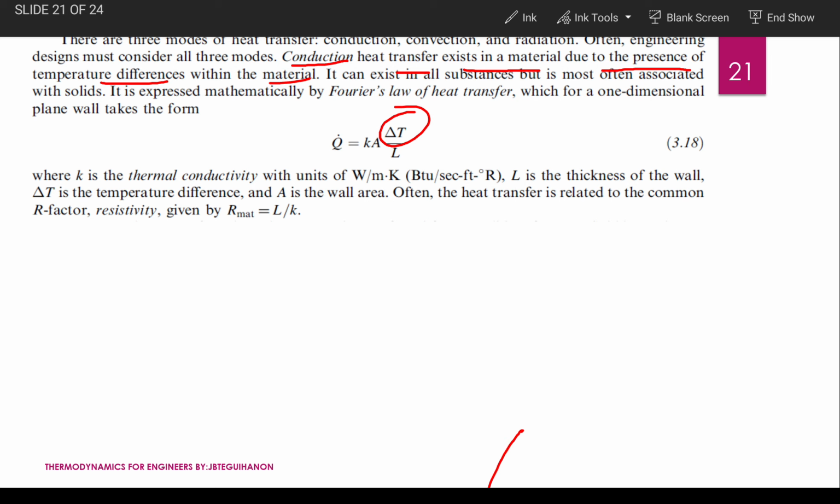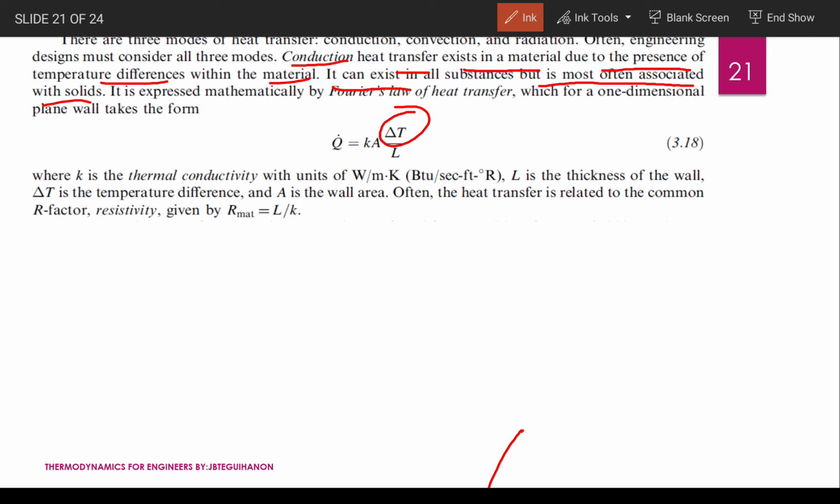According to this, it can exist in all substances, but is most often associated with a solid.